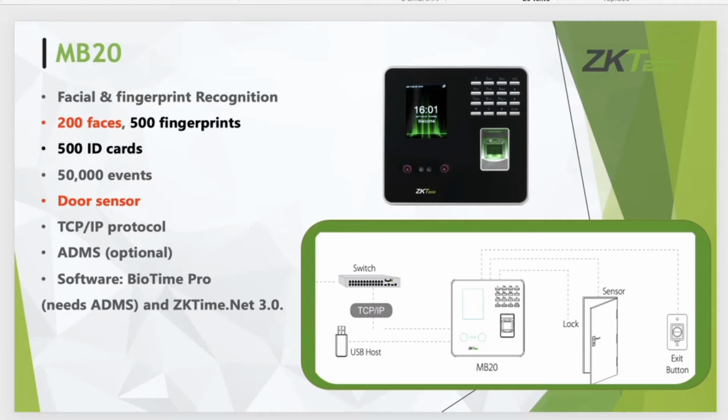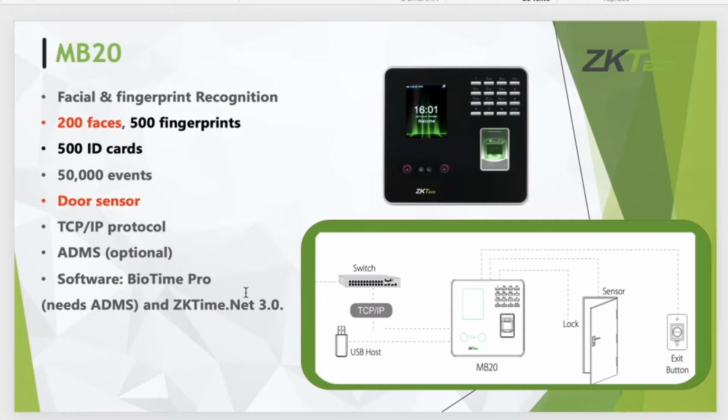Maybe this device is strange, or you can confuse it with another kind of multi-biometric devices that you can find in the market. Like, for example, let me put one example on my screen, which is MB160, a very popular multi-biometric device. Also, we have another one, which is MB460.